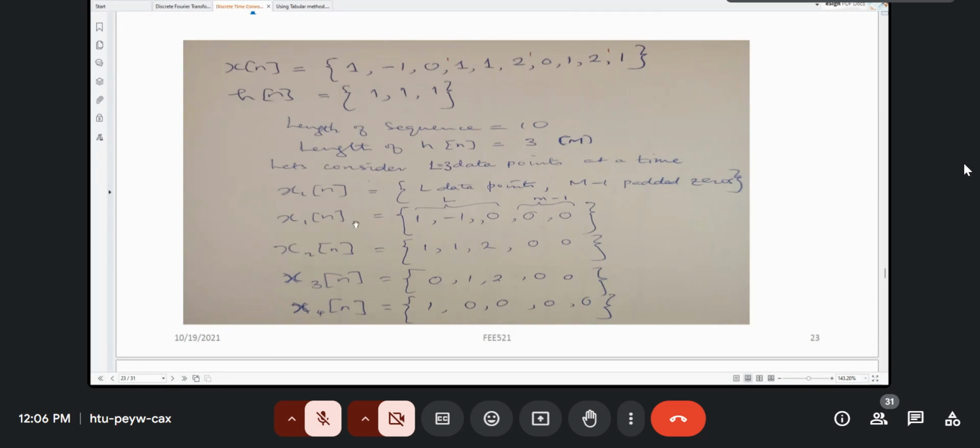The steps were, of course, first to divide the sequence into shorter blocks, which must be either equal in length to the impulse response, or longer.